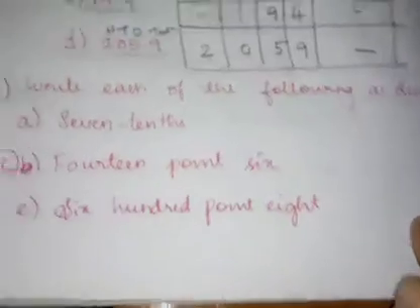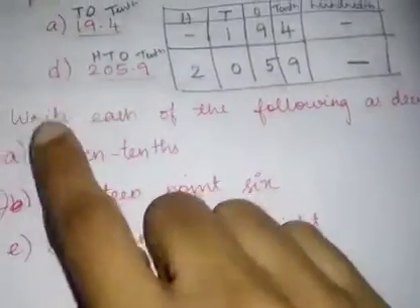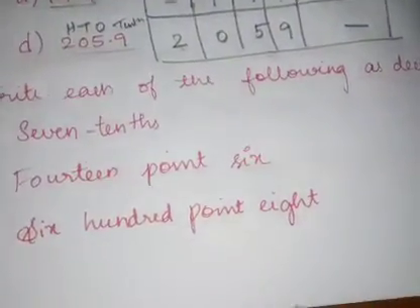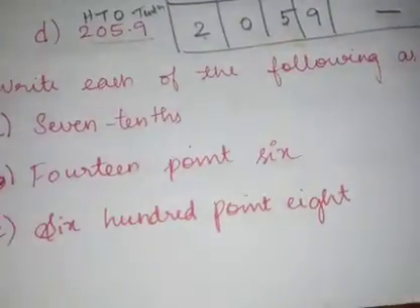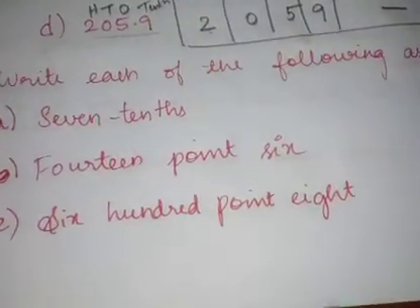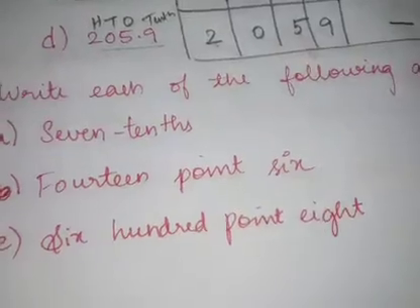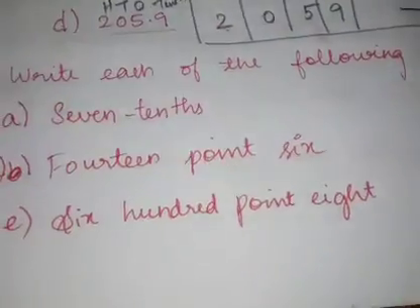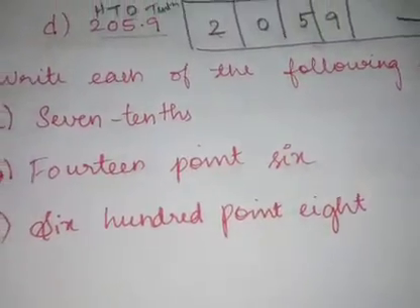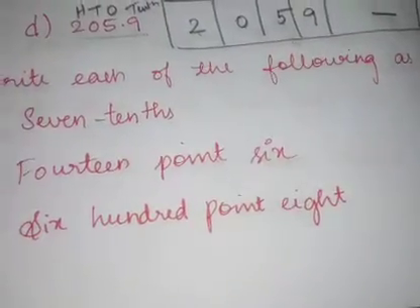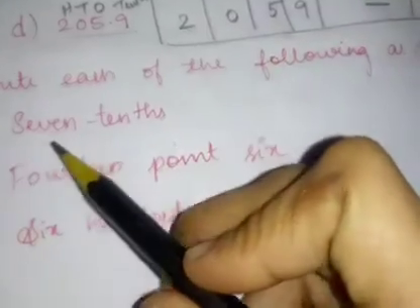Okay. Next is your third problem. Write each of the following as decimals. Okay. They have given you words and we are supposed to write the decimal for that number. So I have given B and D as your homework. You can write it in the textbook itself. See.